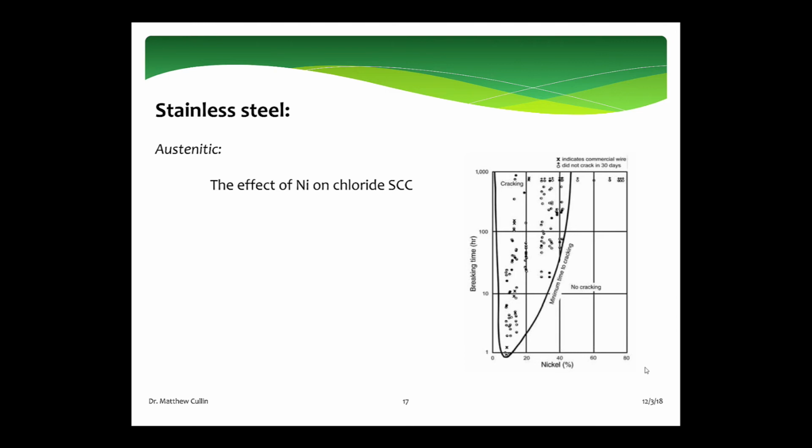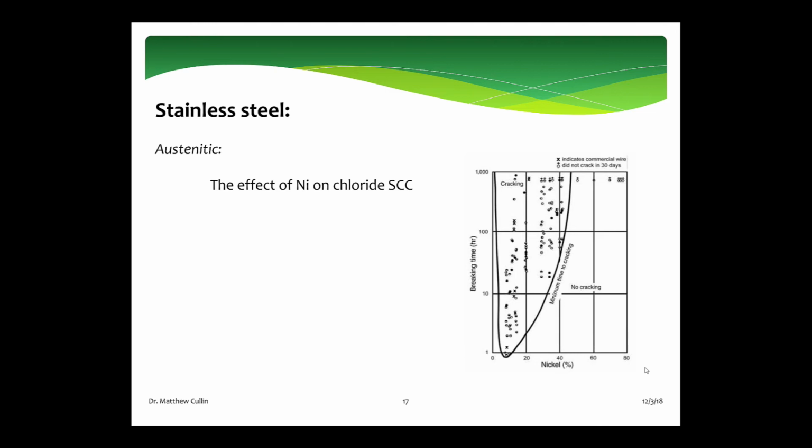In terms of our stress corrosion cracking, particularly in chlorides, what we find is that the more nickel we add, the more resistant the stainless steel gets to cracking. As you can see here, this is a really aggressive test.